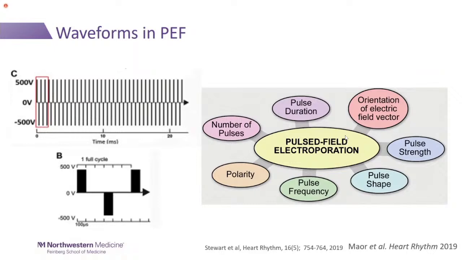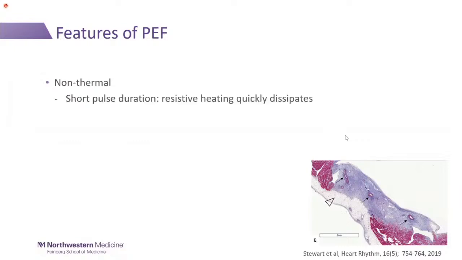And one full cycle with 500 and a negative 500 is delivered over 500 microseconds. So it just depends. And unfortunately, there isn't a lot of data from the individual companies to tell us exactly what's happening. But in any case, basically it's a short pulse duration.